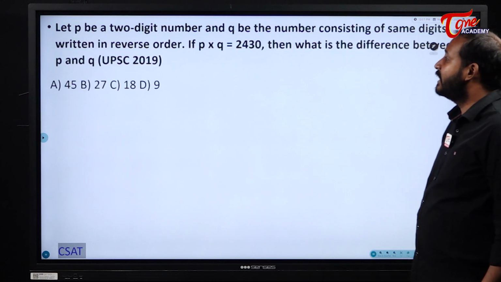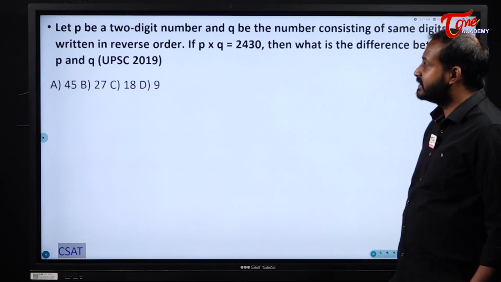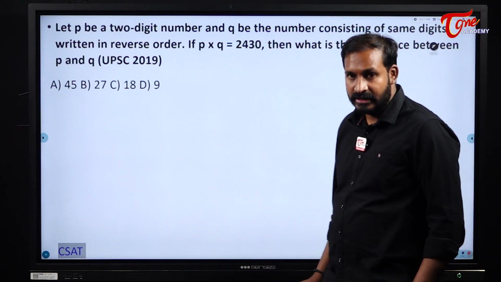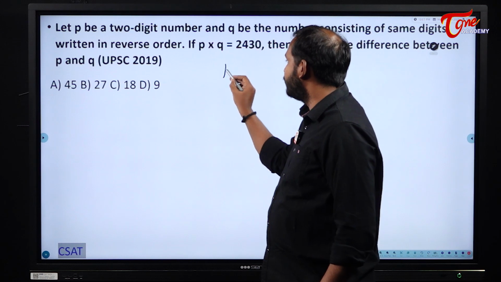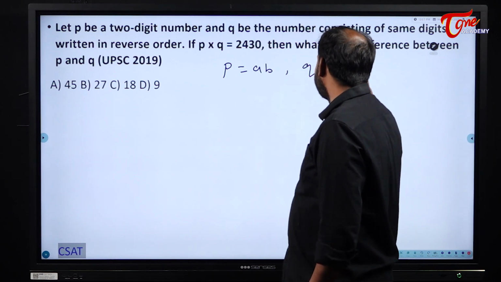Next, let P be a 2-digit number and Q be the number consisting of the same digits written in reverse order. Reverse order means what? If P is AB, what about Q? It will become BA.